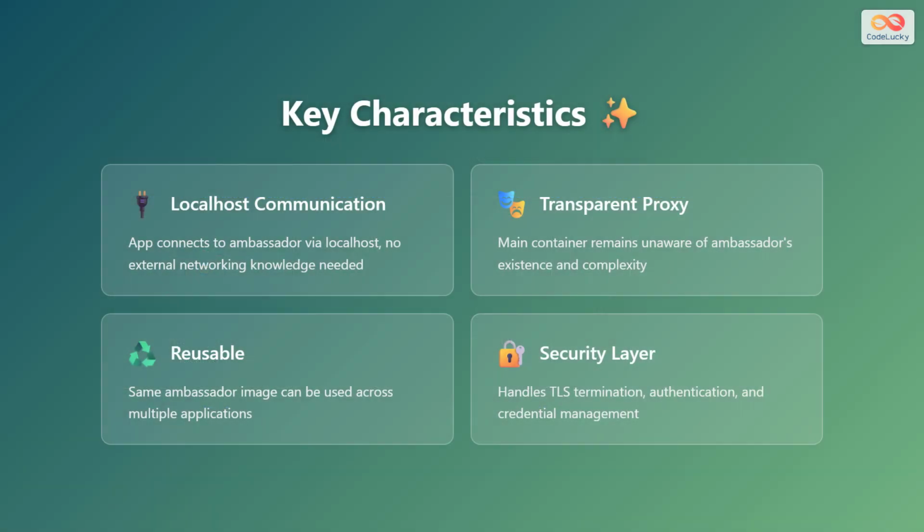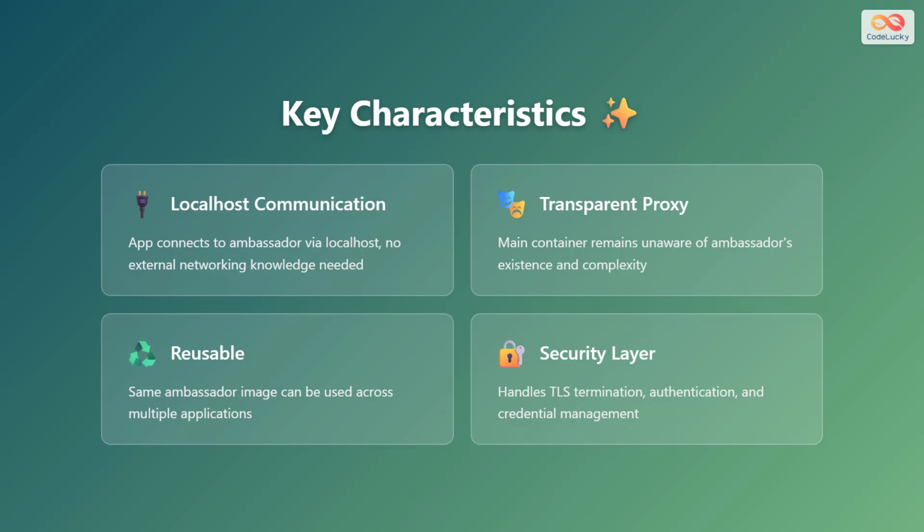The Ambassador pattern has several key characteristics that make it powerful. First is localhost communication. The application connects to the Ambassador via localhost, which means it doesn't need any knowledge of external networking. Second is transparency. The Ambassador acts as a transparent proxy, meaning the main container remains completely unaware of the Ambassador's existence and the complexity it handles.